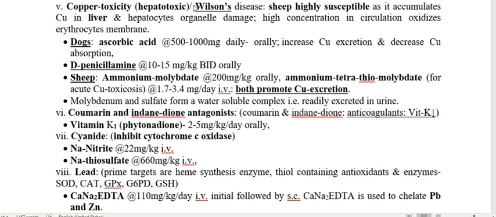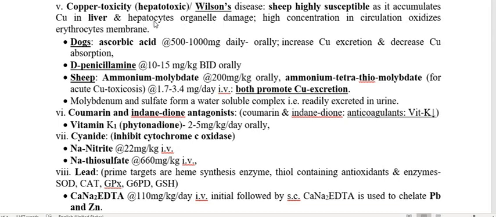Wilson disease patients, as well as sheep among animals, show the property to accumulate copper in the liver. When a heavy quantity of copper has accumulated in the liver, there is a sudden release of copper from the liver, which damages the hepatocyte organelles and therefore produces hepatotoxicity.